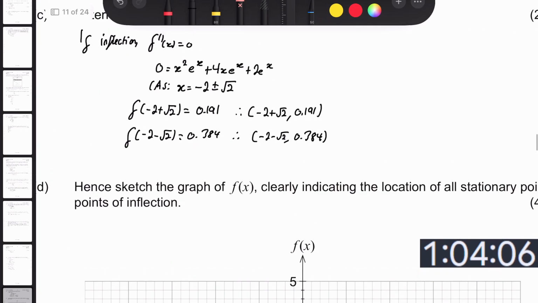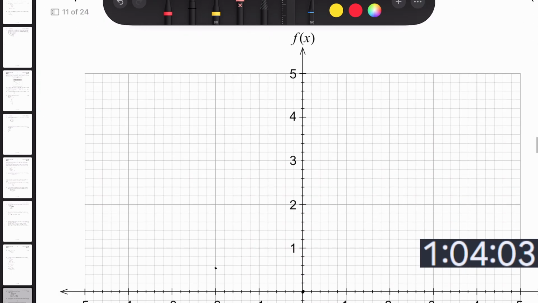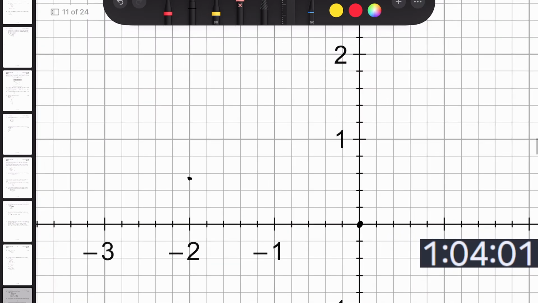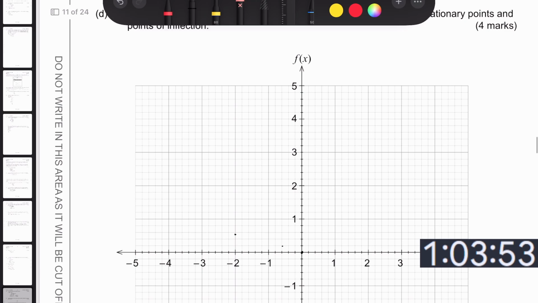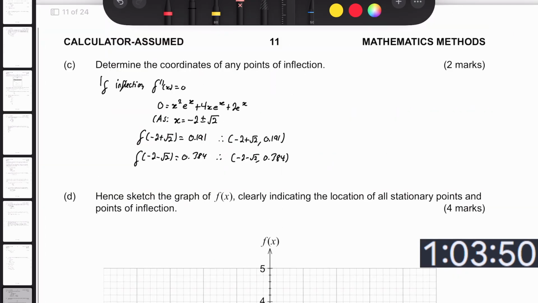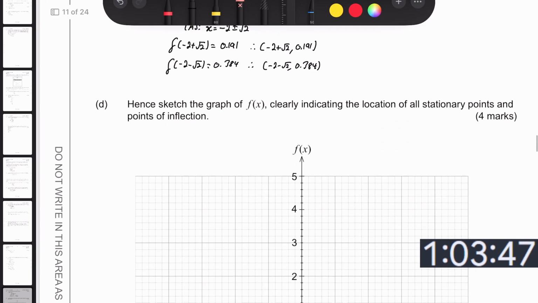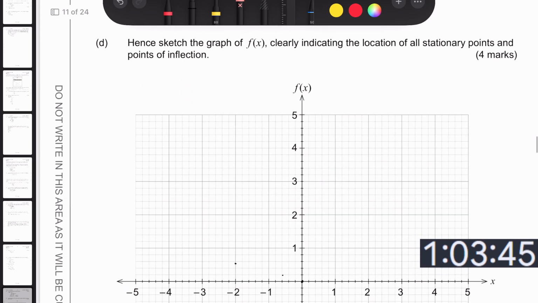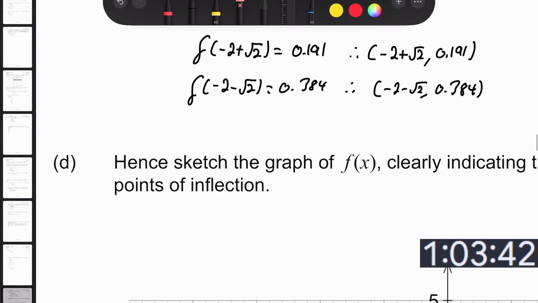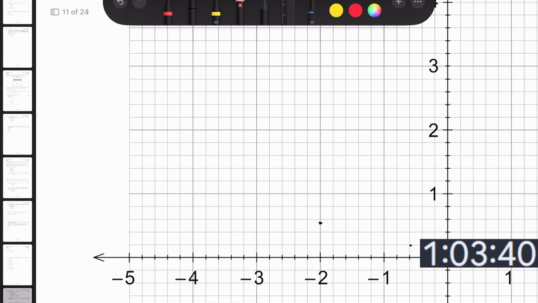So negative 0.585, 0.191. So about there. And then the other one, which is negative, it's going to be on the other side, negative 3.414, 0.384. So negative 3.4, 0.384. And about there.